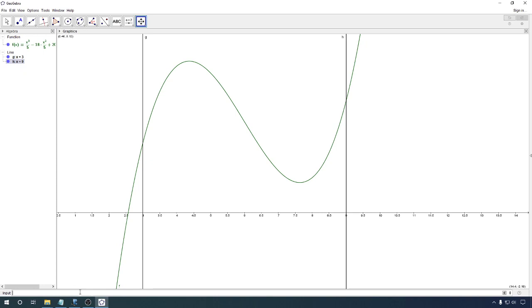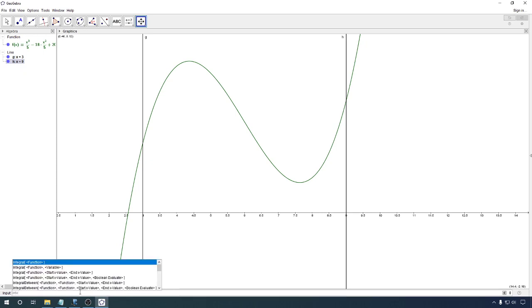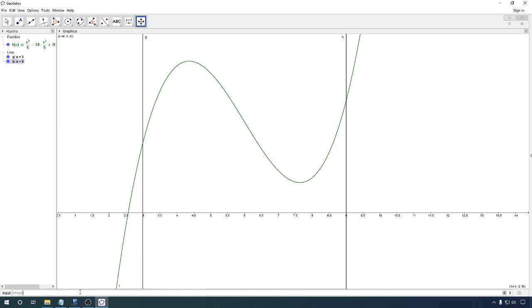First of all, one thing you may not have noticed is that GeoGebra does have an integral function, or integral feature, you could say. I tell it that I want to integrate the function f that we've already defined up here, or you could put an actual formula in there if you want to.